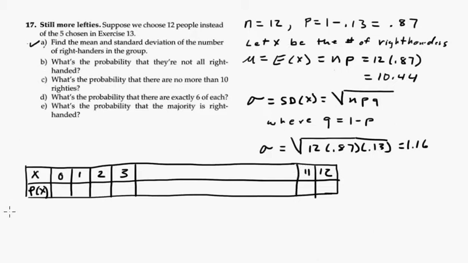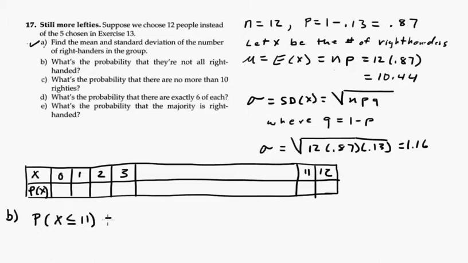For example, B. What's the probability that they're not all right-handers? So I guess I'm just a slow thinker. So X is the number of right-handers, so this is 0, 1, 2, 3. So that's all of them. That's X less than or equal to 11, right?